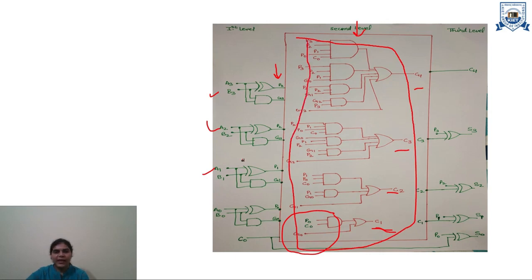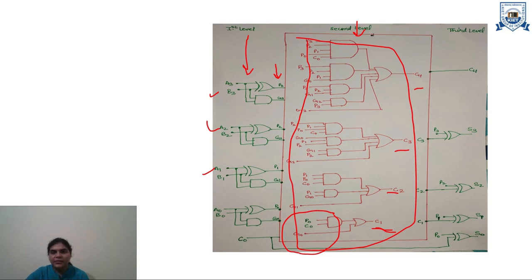The first level will calculate Pi and Gi values, which are independent of carry inputs. The next level will calculate the carry signals as soon as Pi and Gi values are calculated at each stage. Once the carries are available, the sum will be calculated. The first level includes a delay of delta, because you have one level of gates.